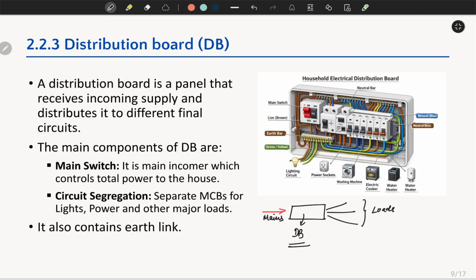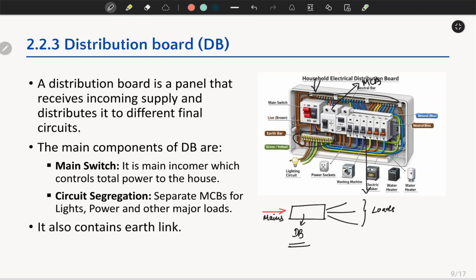These are my main wires coming from the mains. This is my main MCB. These are different MCBs for different circuits of the house. This is my earthing bar. This is my neutral link.